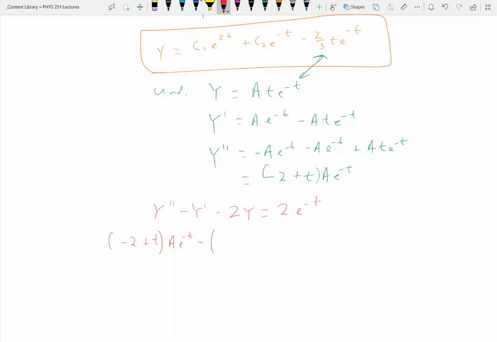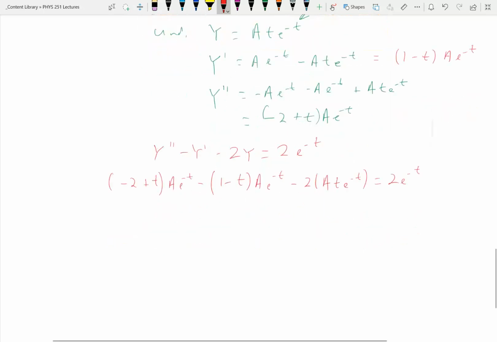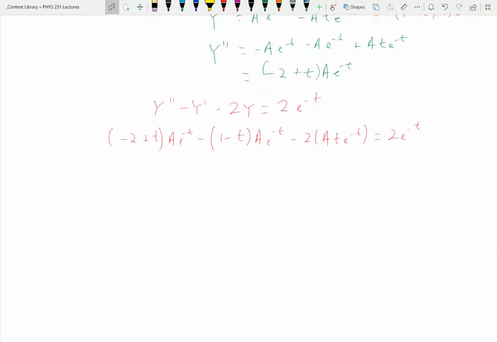If I were to factor this one, it would have been 1 minus t, a e to the minus t, minus 2 a t e to the minus t. And now we just need to solve for what a is.